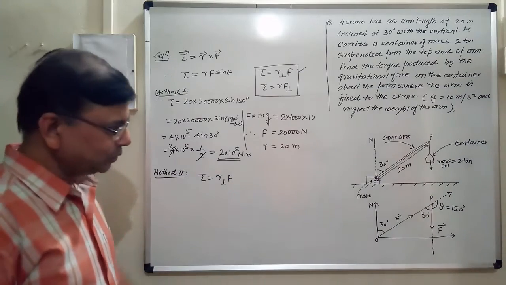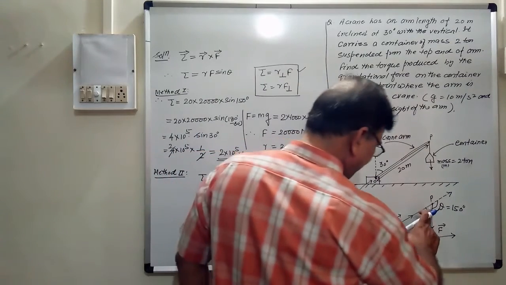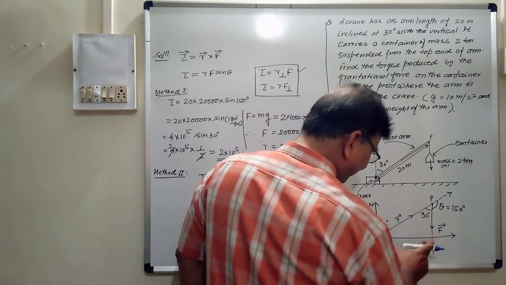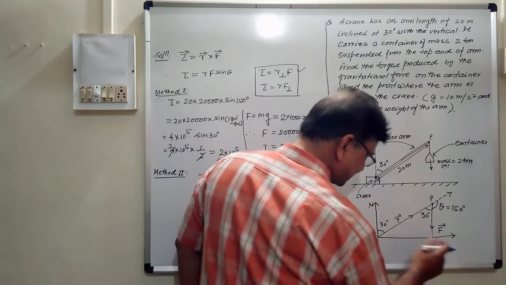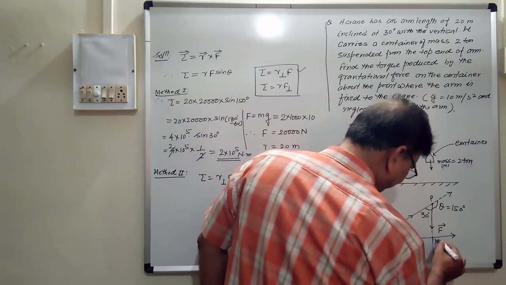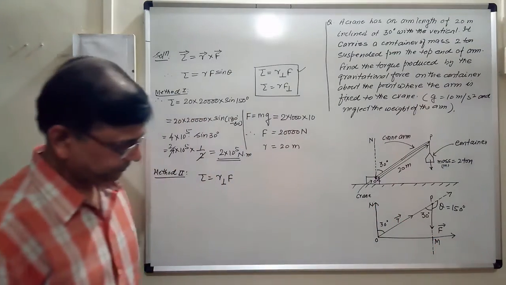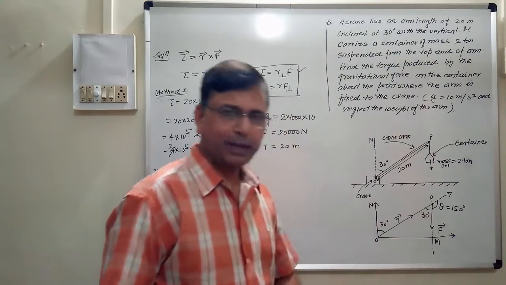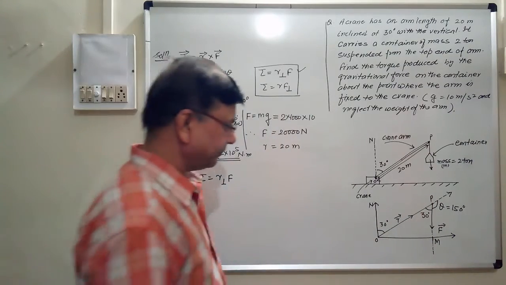So you see, this is the arm length, OP, and the component of this perpendicular to F is this much. Suppose I am writing this M. So OM is the component of OP perpendicular to F. That is called R perpendicular.